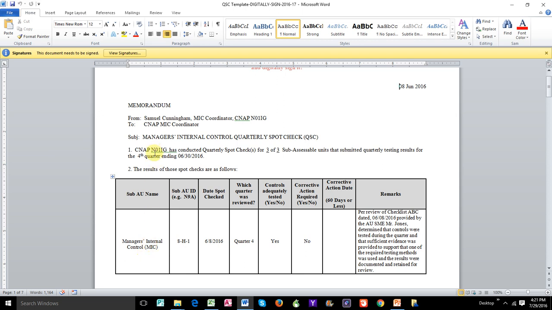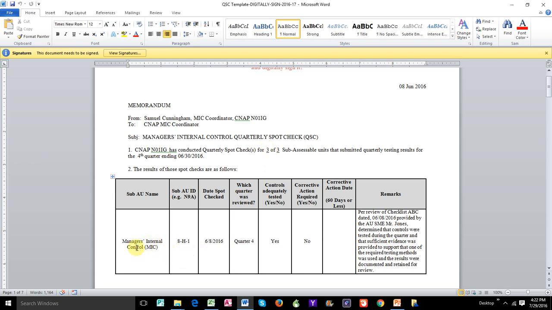So say, for example, and this is mostly for the larger units, that you conducted quarterly spot checks and you had sub-assessable units. Maybe there were 10 that were due during that point, and you looked at 3 of them during this particular quarter.